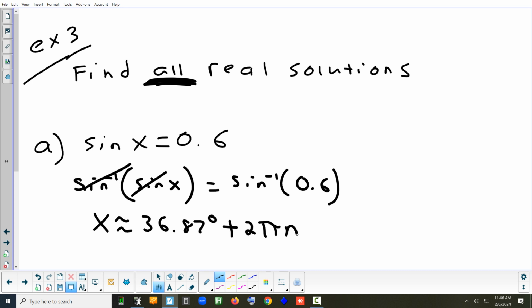So you can add and subtract 2 pi to that. Well, careful. That would be in radians. So what should I actually put here, because I'm doing it in degrees? 360. So you can add or subtract 360 as many times as you want to that number, and you'll get an answer in an earlier or later cycle.